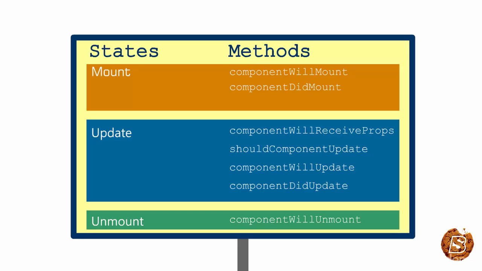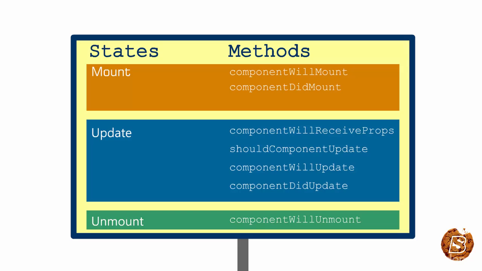Then we have the update state. Now update state has got componentWillReceiveProps, shouldComponentUpdate, componentWillUpdate, and componentDidUpdate methods. So componentWillReceiveProps is invoked when a component is receiving new properties. Now this method is not called for the initial render.